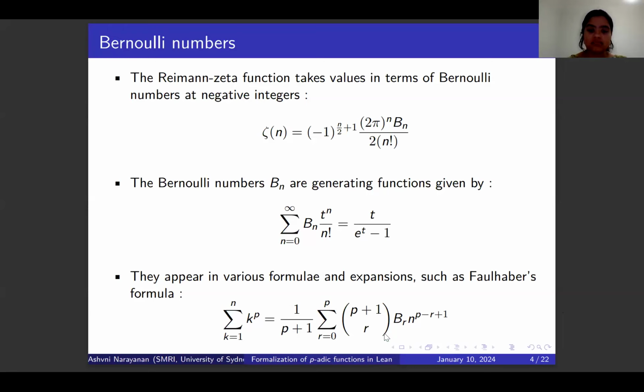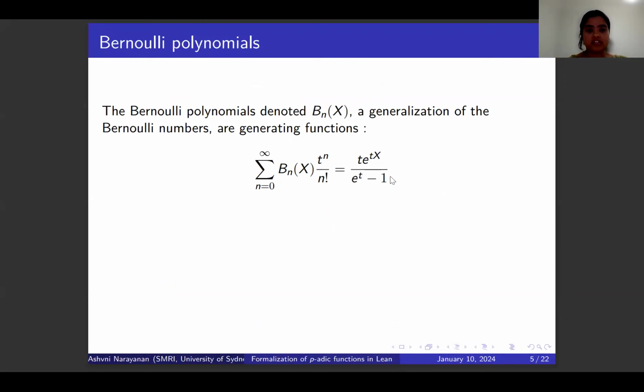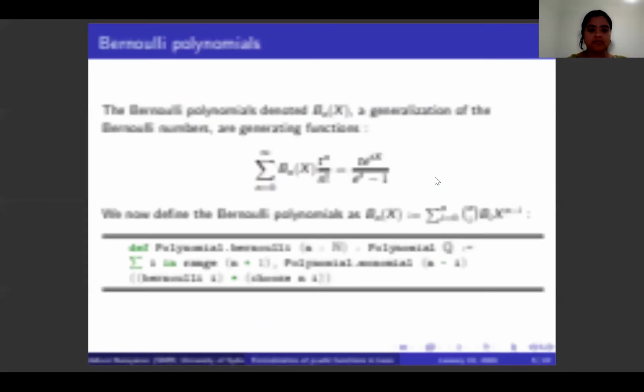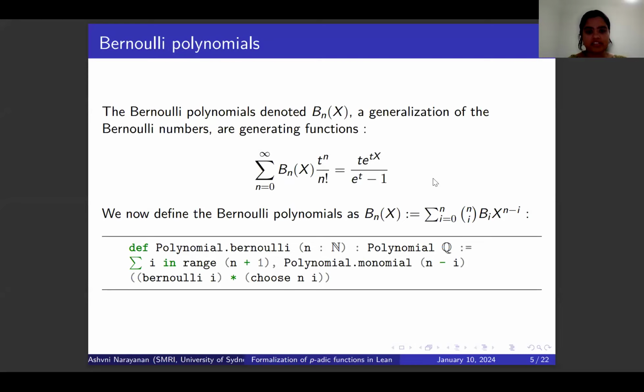Then we have the Bernoulli polynomials, which are generalizations of these Bernoulli numbers, and they are defined in Lean as this. I forgot to mention, but Bernoulli numbers were defined in Lean by Johan, and I added a few properties regarding them.